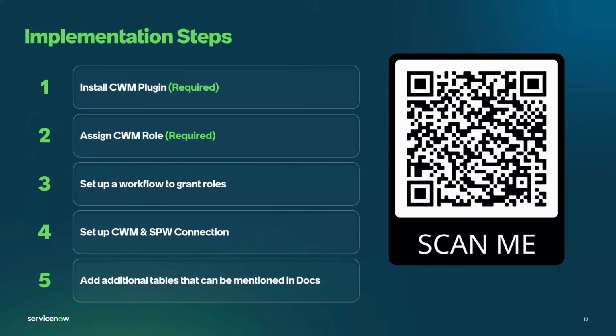And then there are a couple of optional steps that we recommend. One is that you could set up a workflow to grant role access, as well as the ability for your end users to request access to CWM. And if you have SPM, we recommend that you set up the connection that Lillian just showed between CWM and SPW or PPW, where you can see it on your portfolio.